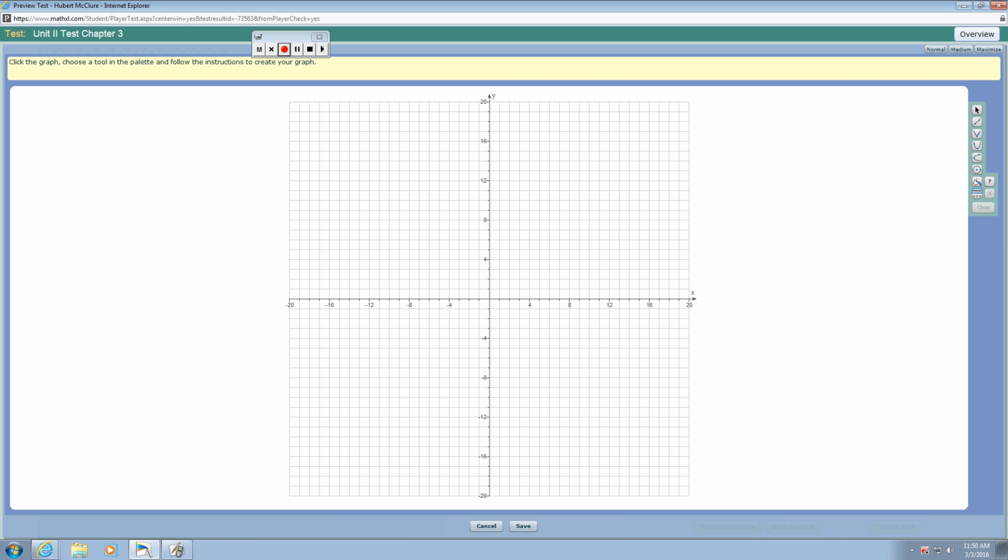I don't know how you actually do it. Let me look at it and see. They're probably asking for a y or x intercept or something.